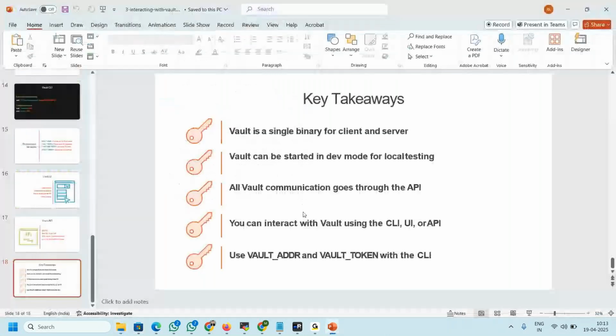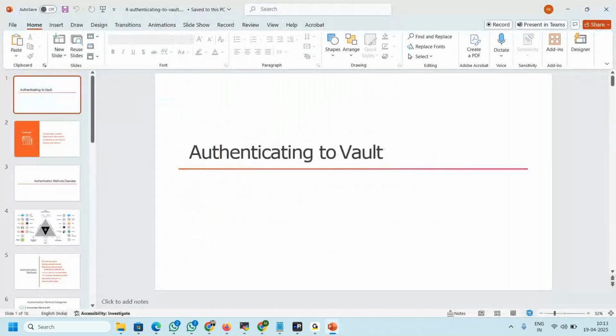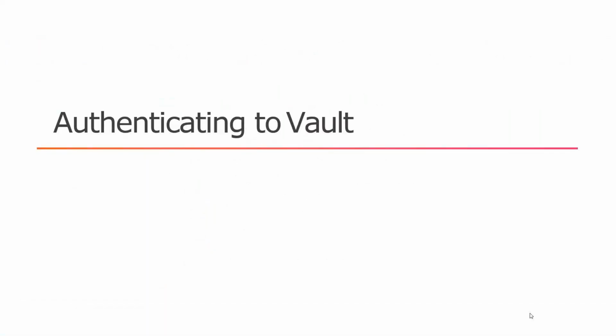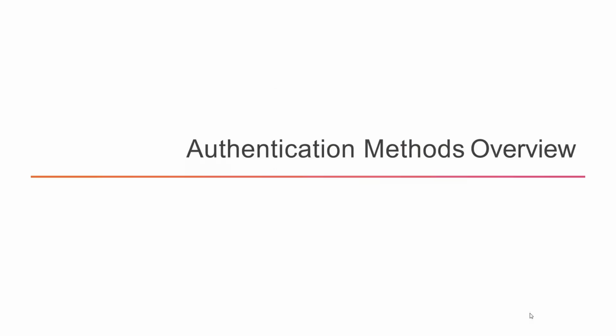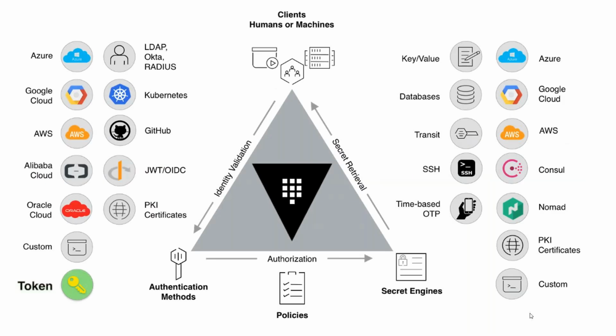Now the next one is, if you set up a Vault server, how do you want to log in? I think this is the image I was looking for, because it helps you summarize every capability of Vault.